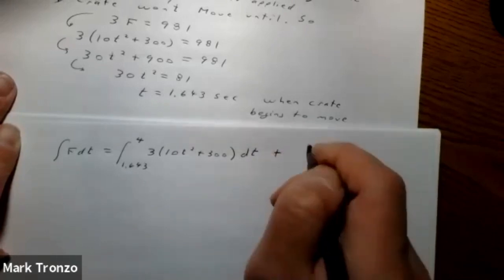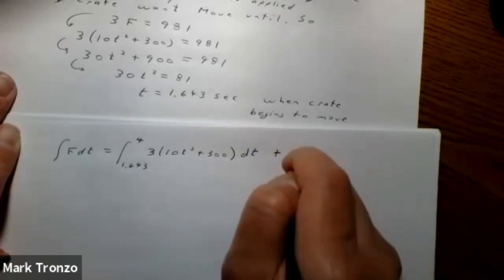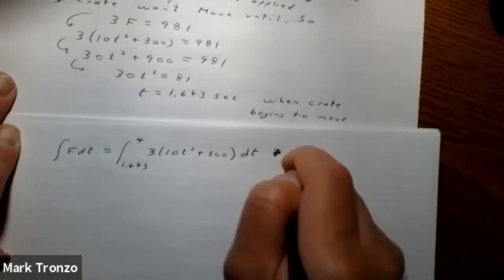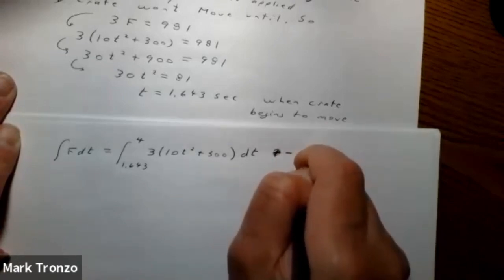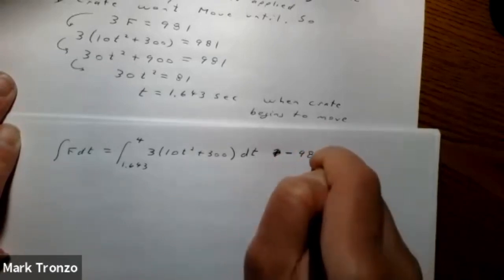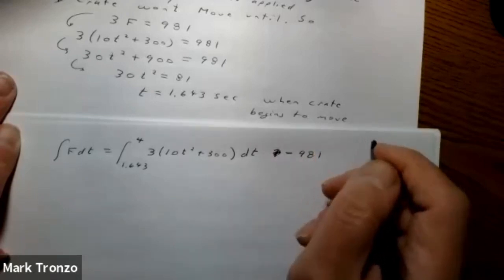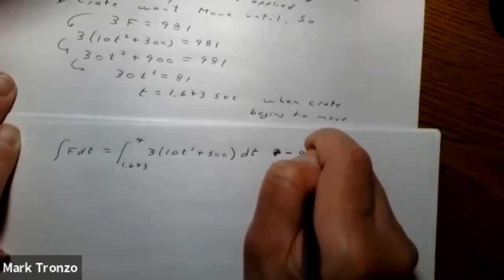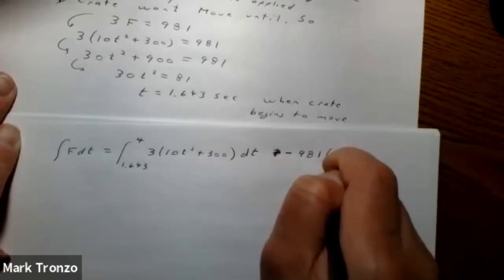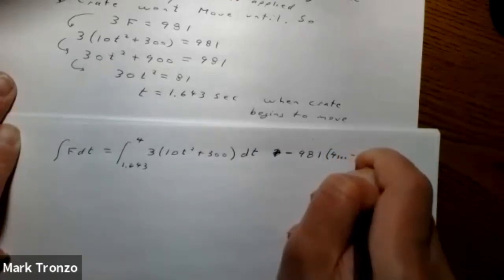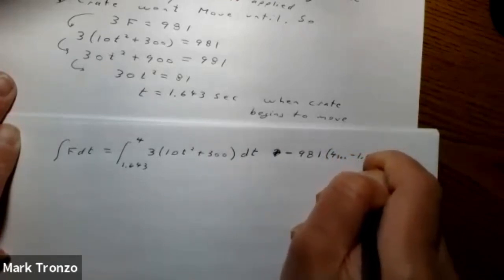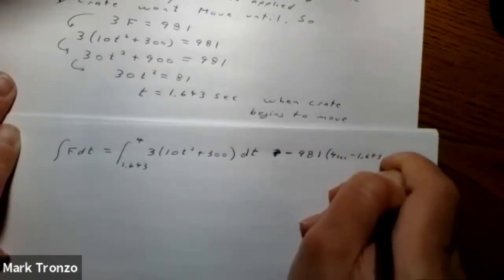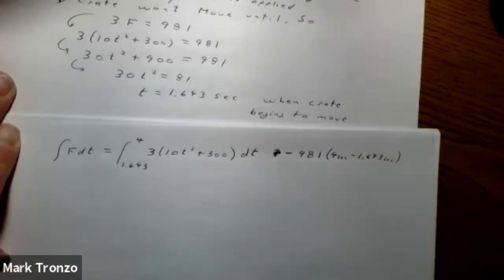I'm going to say, okay, the force, or I should say it's going to be negative because it's going to be trying to resist the motion. So minus 981, this is the mass. This is the force in the crate from the mass. And this is going to be 4 seconds minus 1.643 seconds, like this.